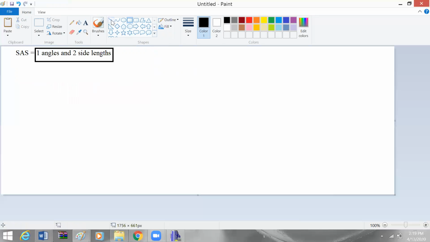So let me draw a triangle real quick. It doesn't necessarily have to be any particular triangle. It can be anything that looks nice, and it can have obtuse angles. It doesn't matter which one, to be completely honest.